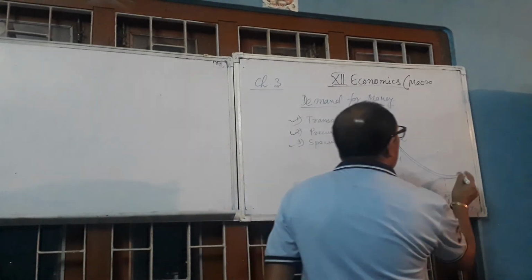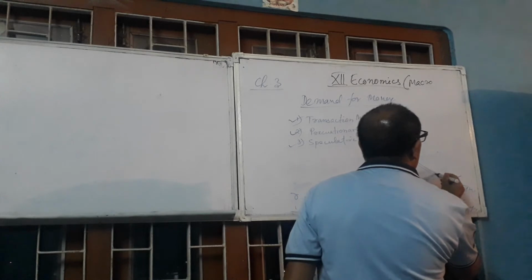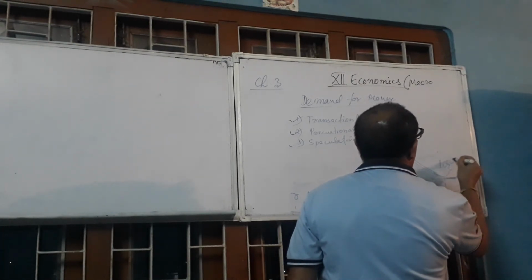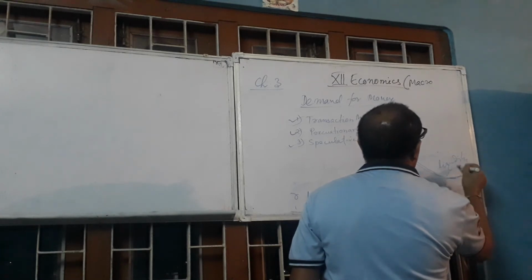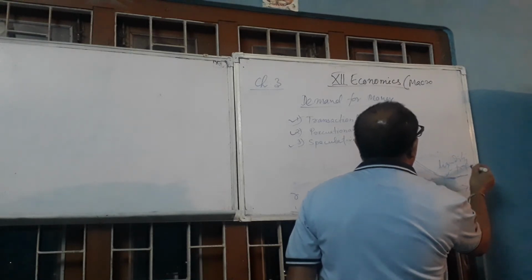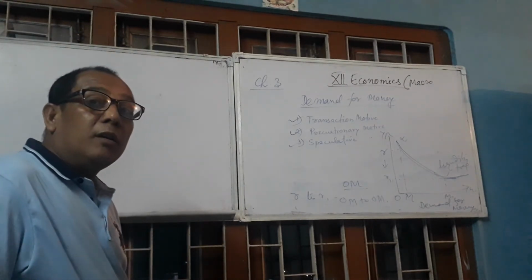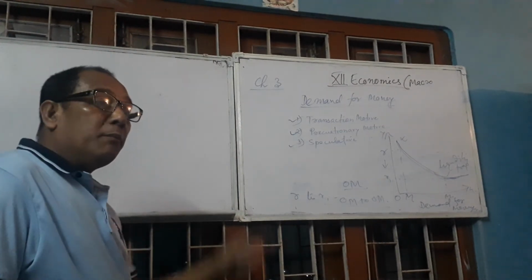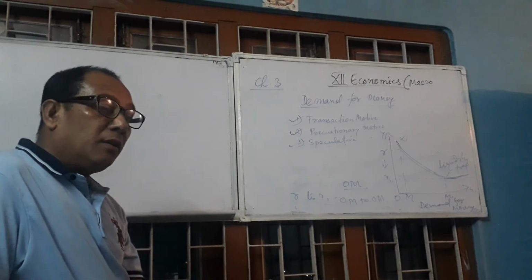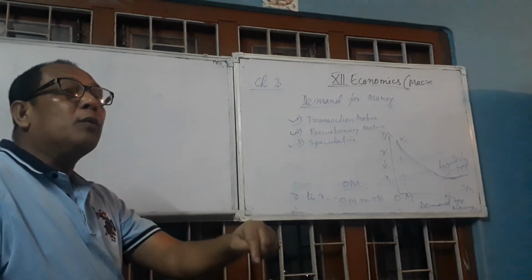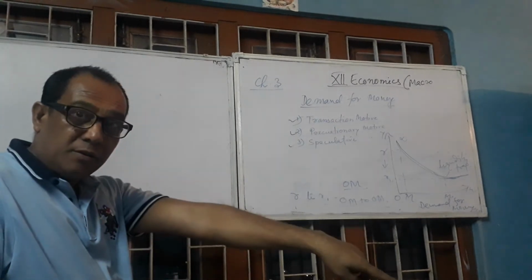Then this parallel portion of the curve is called the liquidity trap. What is a liquidity trap? This question comes in the exam. The liquidity trap means a trap when the rate of interest decreases and people want to hold cash in their hands. They do not want to invest in bonds or shares.